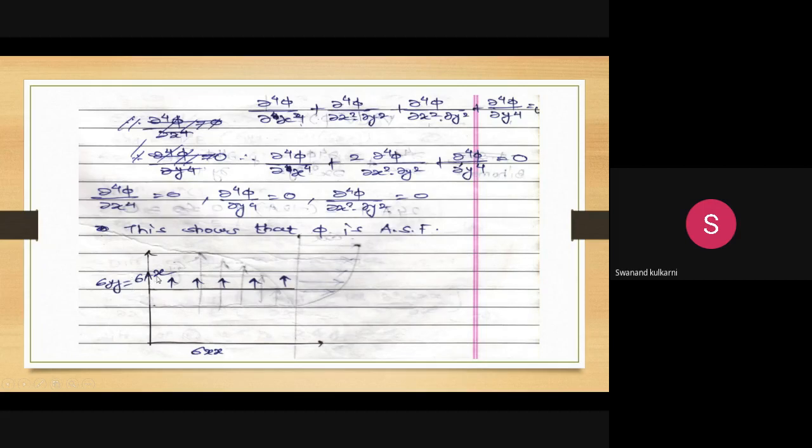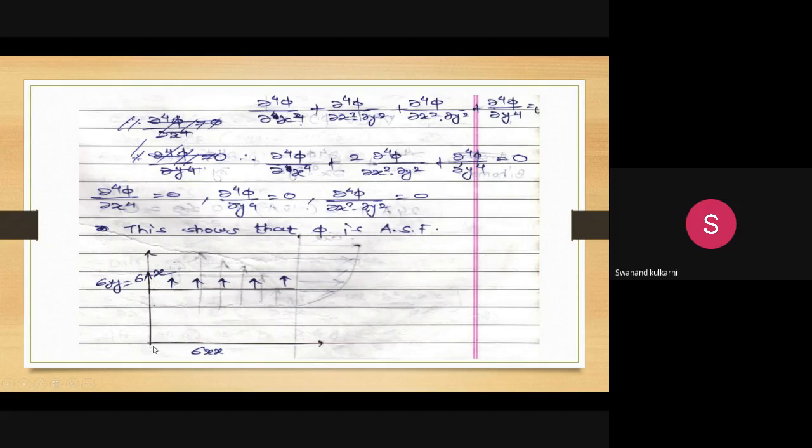6a being constant, when x is equal to 0, sigma yy is equal to 0. So if we consider x equal to 0 here at the origin, then sigma yy is also equal to 0.